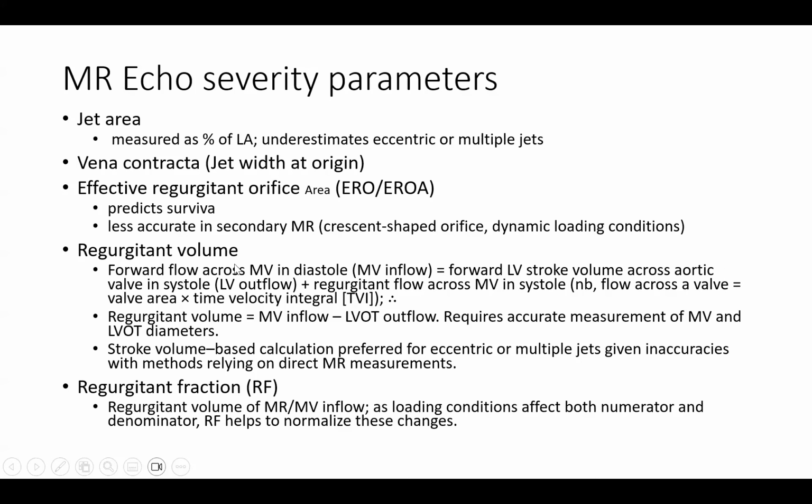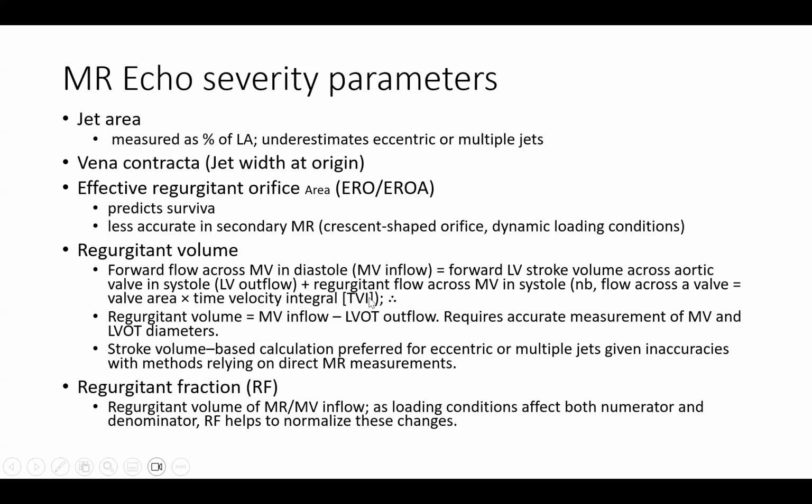The regurgitant volume, which is the amount of blood, let's just put it that way, flowing back into the left atrium. So yes, mitral inflow minus LVOT outflow, but we need to accurately measure the mitral valve and LVOT diameters.